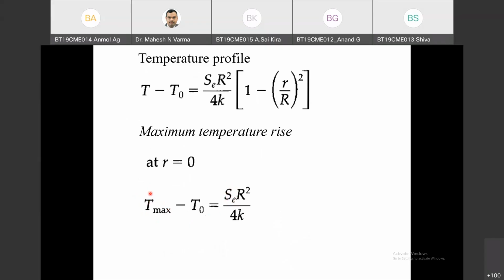This is very useful to design an insulating material for the wire. My insulating material should operate efficiently at this temperature. This maximum temperature will be considered to design the insulation material.